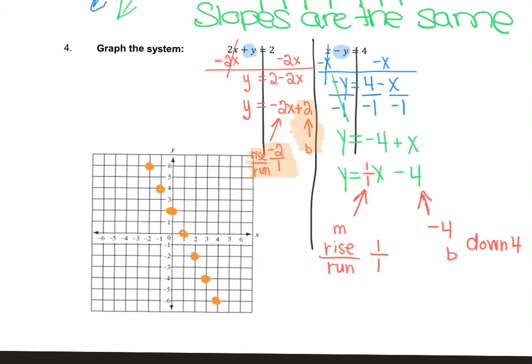For this other one, for the second one, I have down 4, and then I have my rise over run as 1 over 1. So I'm starting down 4, and then I have up 1 over 1, up 1 over 1, and there it is. There's my point that intersects. I can add a few more points if I wanted to get a nice long line out of this.